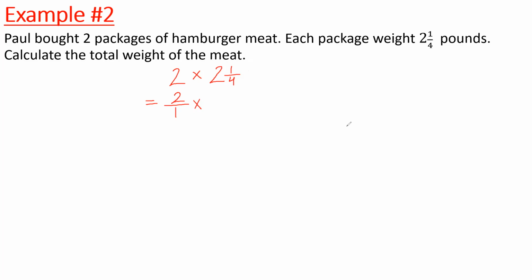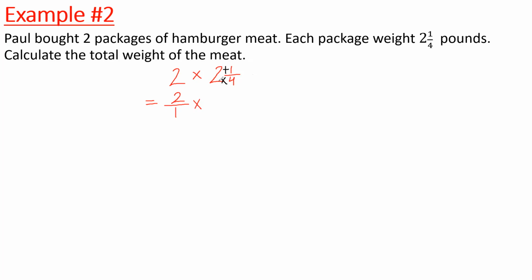Gianna, how are we gonna change 2 and 1 over 4 into an improper fraction? Multiply the denominator, the answer from the denominator added to the numerator. Very good. Malik, how are we gonna change this mixed number into an improper fraction? We're gonna multiply by the numerator.